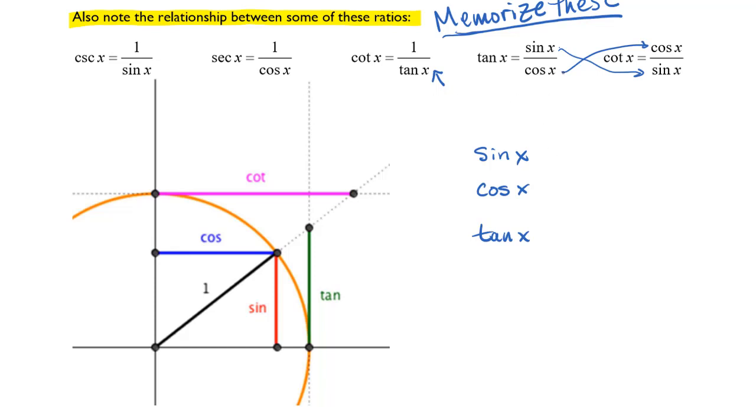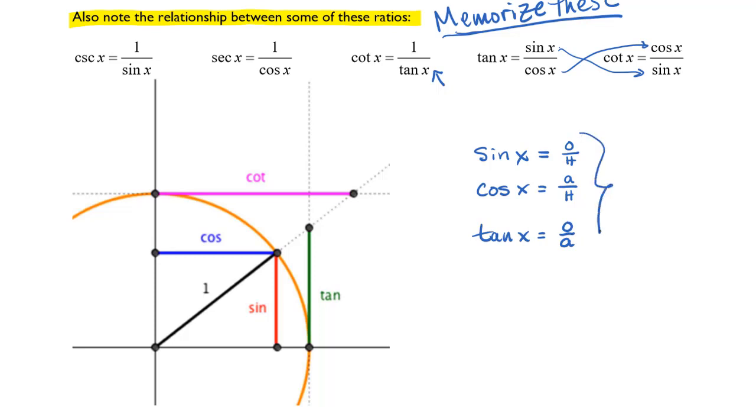You'll notice that we interchange letters and Greek letters regularly. You can remember that sine is opposite over hypotenuse. The cosine x is adjacent over hypotenuse, and tangent is opposite over adjacent.